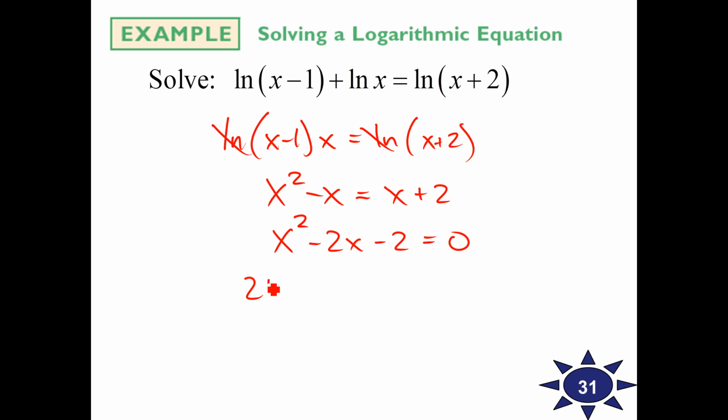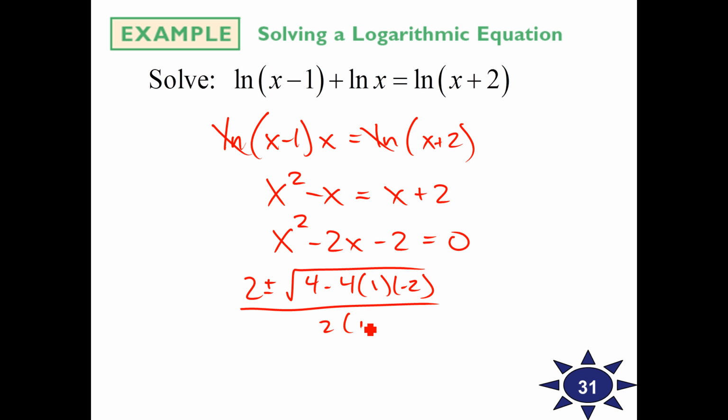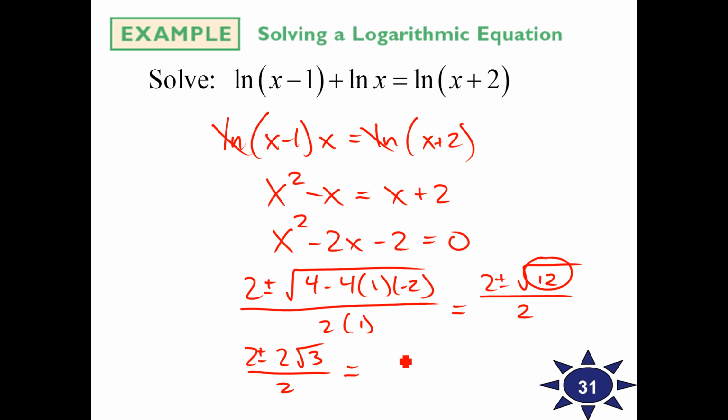So we'll have 2 plus or minus the square root of 4 minus 4ac, all over 2a. That'll turn into 2 plus or minus the square root of 4 plus 8, which is 12. So let's pull out a 4 here and get 2 plus or minus the square root of 4, which is 2, root 3, all over 2. And so we end up with 1 plus or minus root 3.